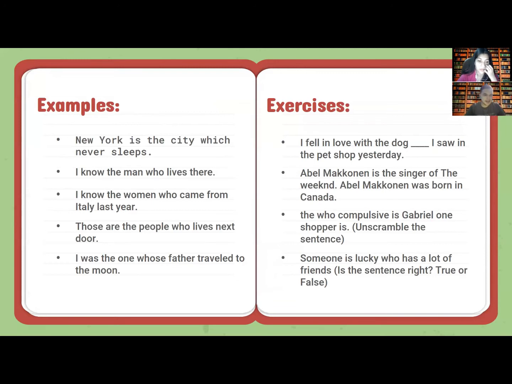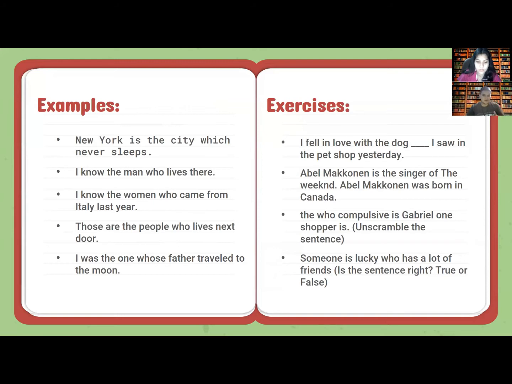In this case, I know the man who lives there. If you can notice, I use the subject relative pronoun who, and as I said before, the subject relative pronoun doesn't change even if it refers to a singular or plural noun or a male or female noun. In this case, I know the man who lives there.